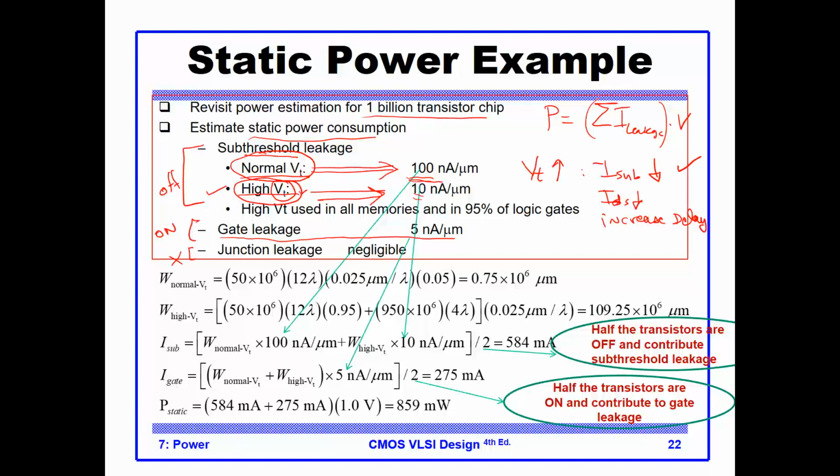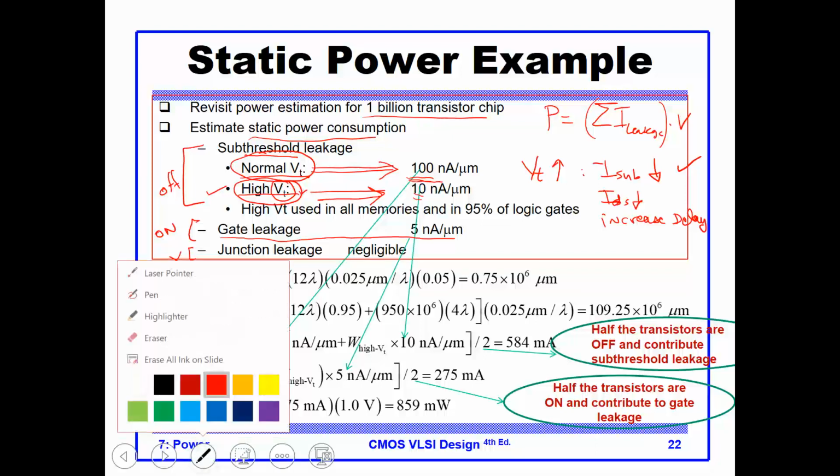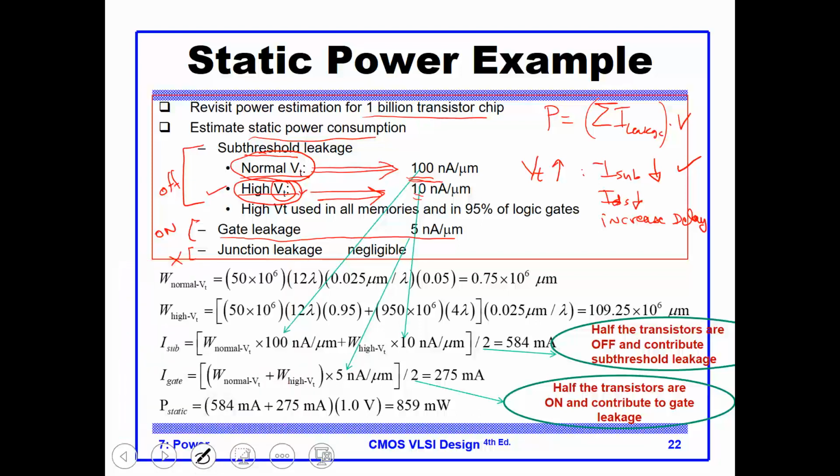Okay, so let's use here a blue color. What he wants to do here is use the same setup. He's telling me that high VT is used in all memories and 95% of the logic. That's from the previous problem that we used for dynamic power.